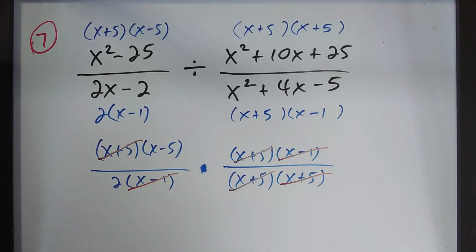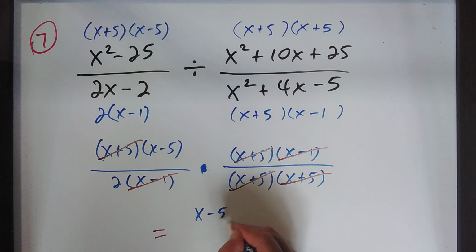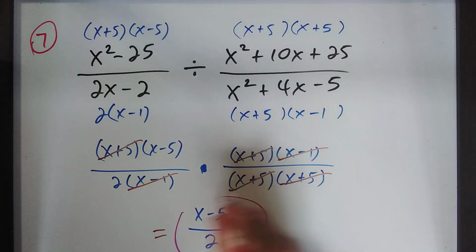So at the end, what is left? x minus 5, that is the only thing left up there, over just the 2. Thus the answer.